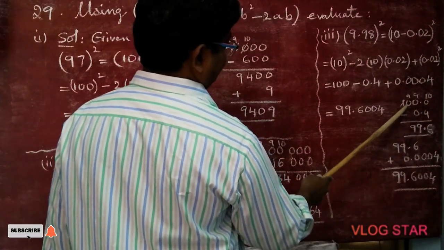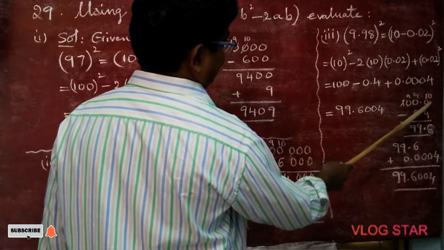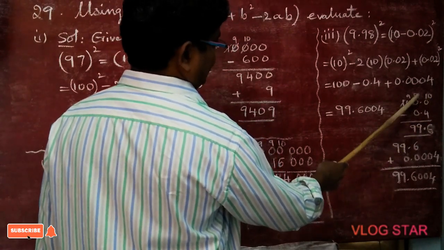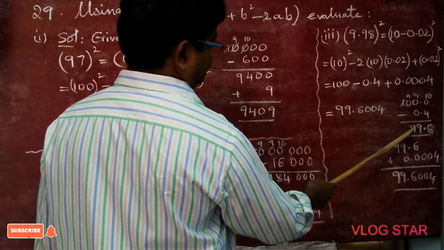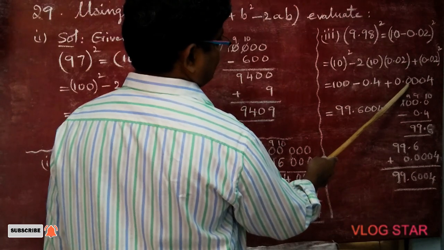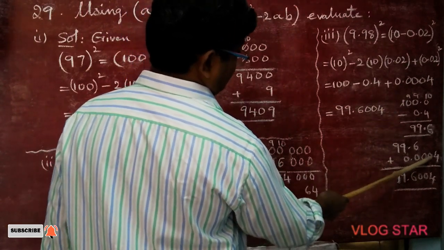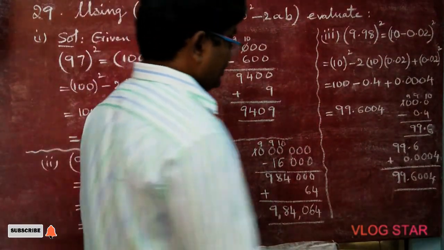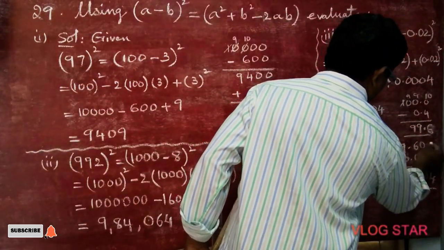Now from 100 subtract 0.4. Decimal under decimal. From 1 you are borrowing, 9, 9 and here 10. 10 minus 4 is 6, decimal. 9 minus 0 is 9, 9 minus 9 is 0. So 99.6. Again here 0.0004 is there. So what are you going to do here? In this gap you write zeros.